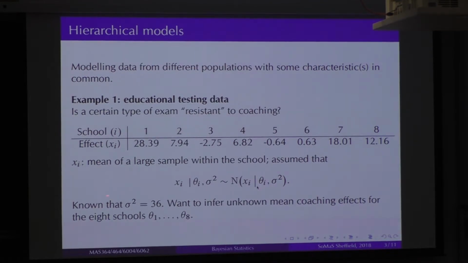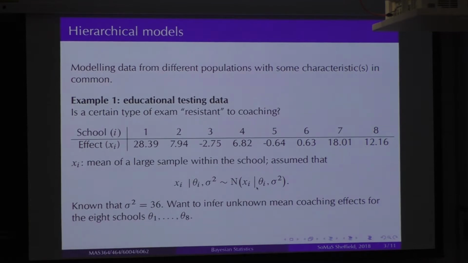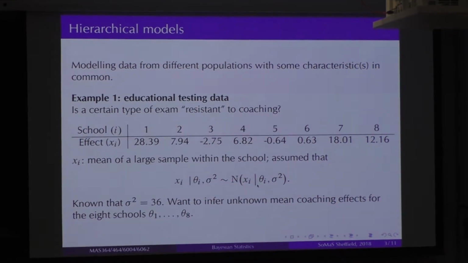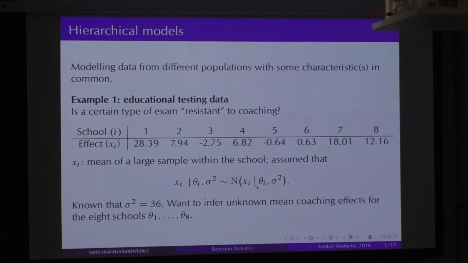And just to make things a bit easier at this point, we will assume that the variance is known. And the variance is 36. Okay. So we want to infer basically these means. Okay. We have one observation per school. Okay. And that is important.